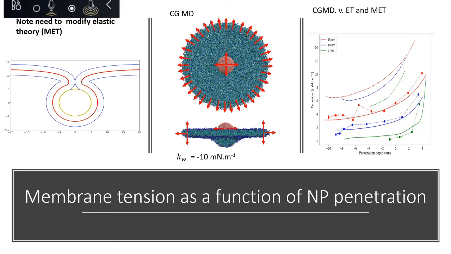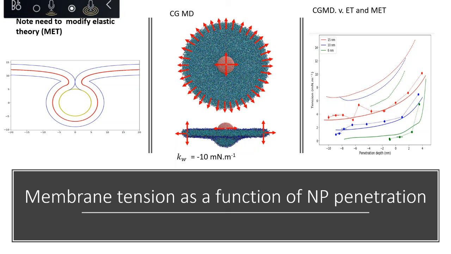We set up a coarse-grained simulation in a two-dimensional disk, and we put the nanoparticle in contact with that disk, and we can measure then the tension, which is the force in the red lines divided by the radius, divided by 2 pi r.